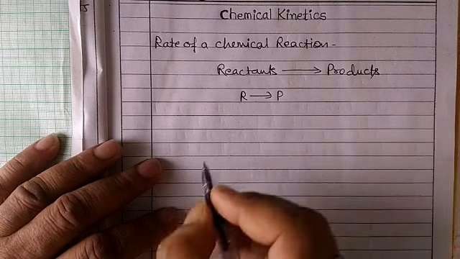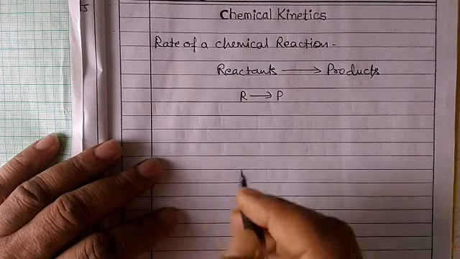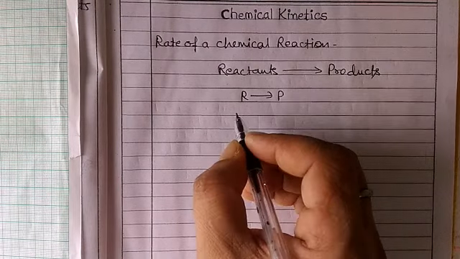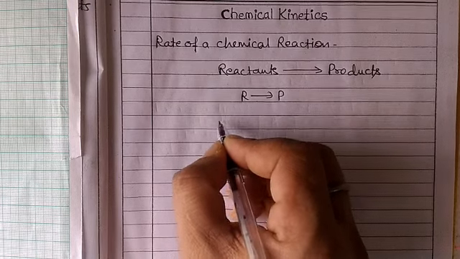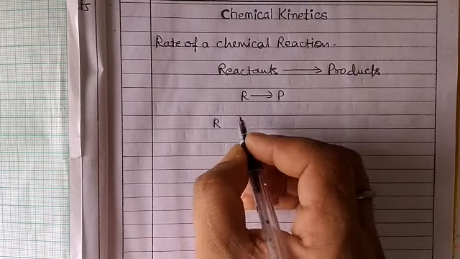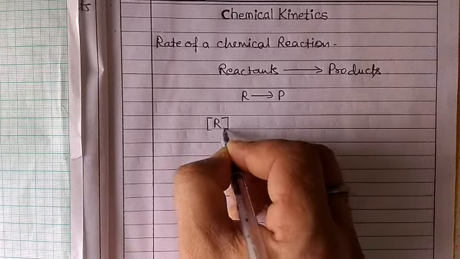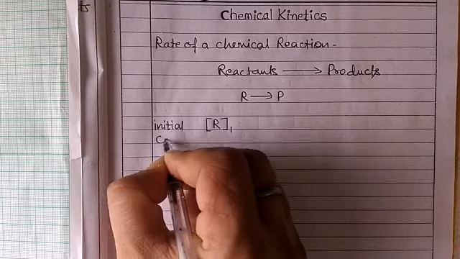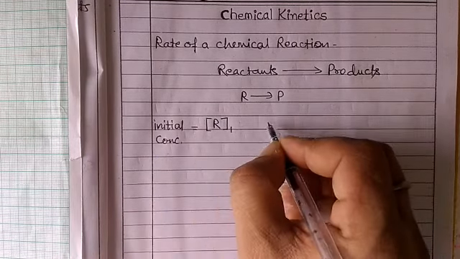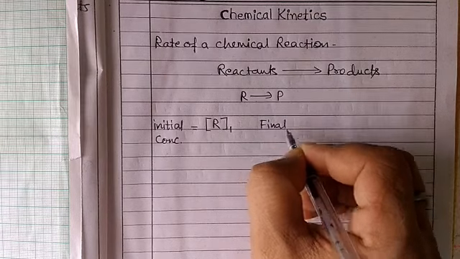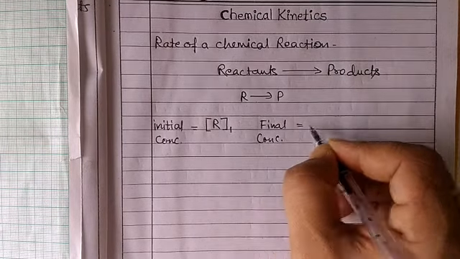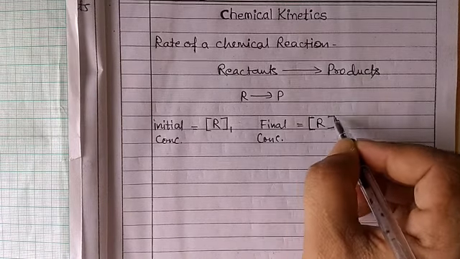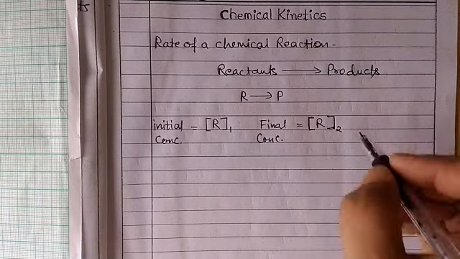So in case of concentration, we have to represent these chemicals according to the concentration term. So the initial concentration of R is [R]1. This is the initial concentration, and the final concentration, let's take it [R]2, and these square brackets are used to assign concentration.